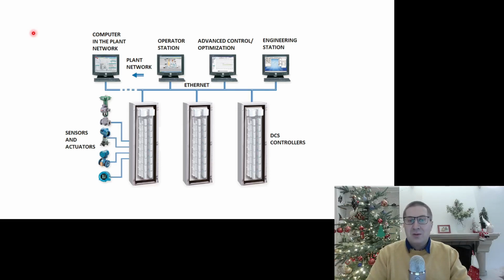But if we would like to present it to the operator in the operator station, and if we would like to send those decisions back to devices, this PC should stand with other PCs connected to this highway in a plant or the factory.